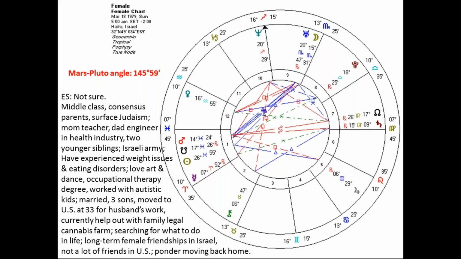So the nodal axis becomes quite active in this Mars-Pluto relationship. It brings in more energy to the whole karmic complex, as we call it.